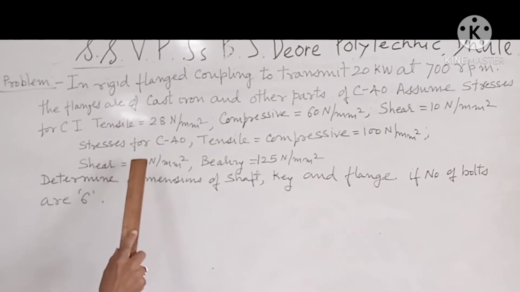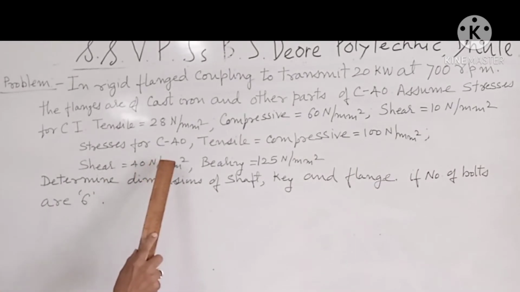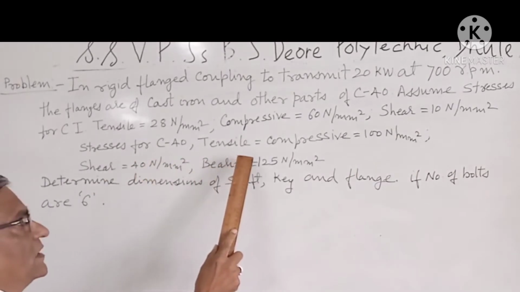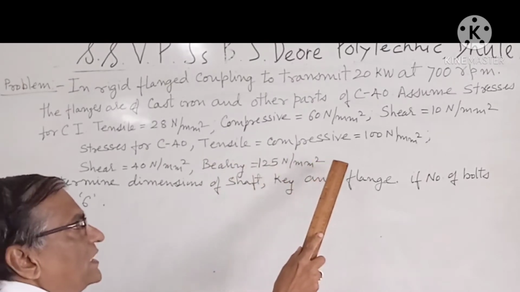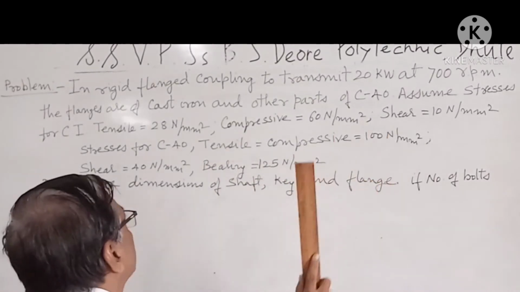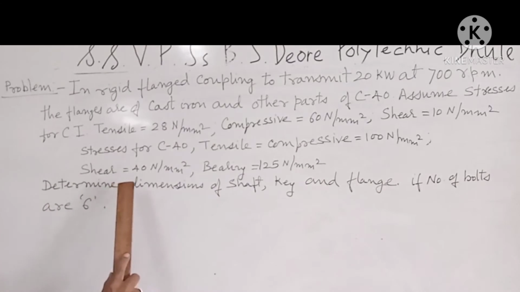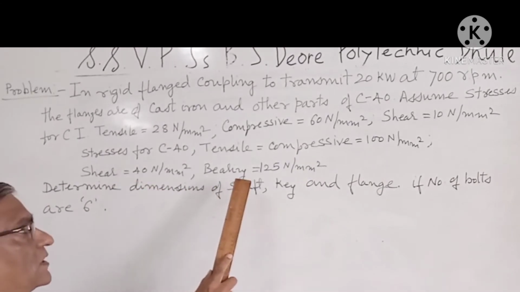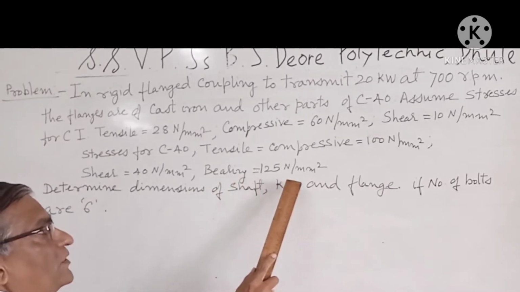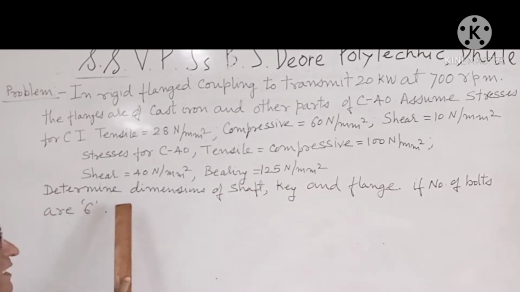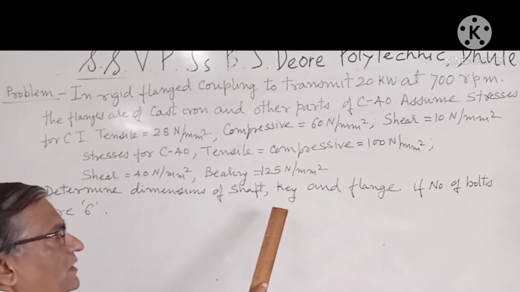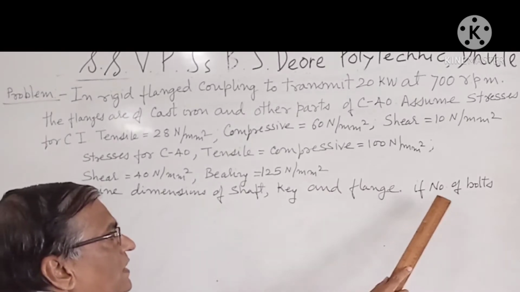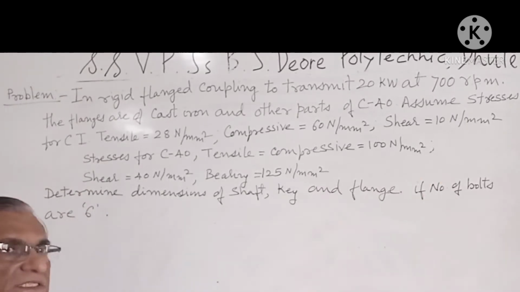And stresses for C40 steel: tensile stress equal to compressive stress equal to 100 Newton per mm square, shear stress equal to 40 Newton per mm square, bearing or crushing stress equal to 125 Newton per mm square. Determine the dimensions of the shaft, key and flange if the number of bolts is 6.